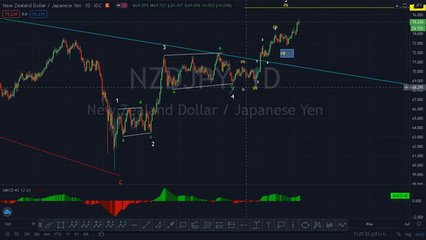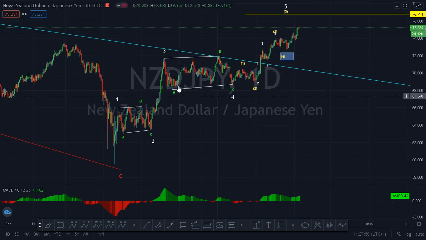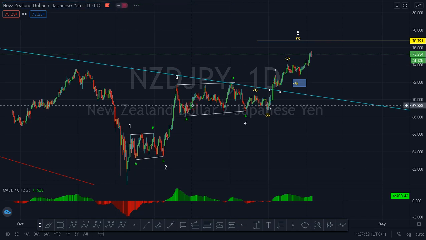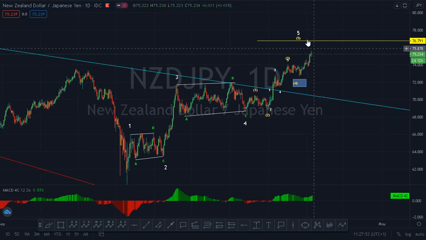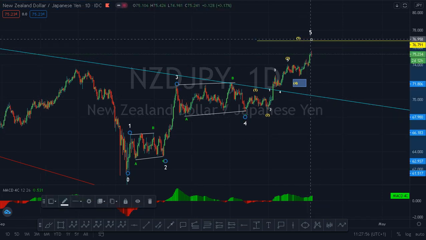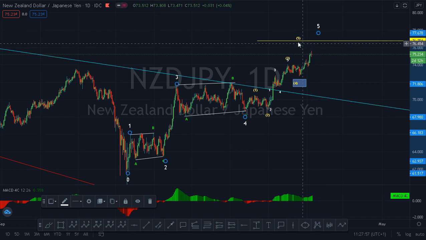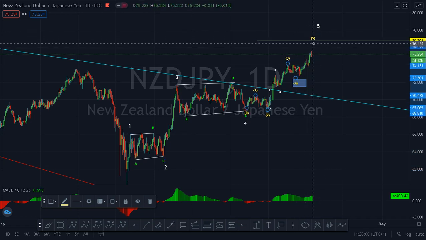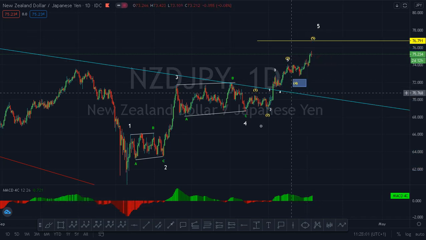But as it is now, it's moving as an impulse. 1, 2, 3. This 3 might be here. When the price comes here, then I will adjust the chart properly until I see what happens here. I cannot say for sure whether wave 3 is over or not.